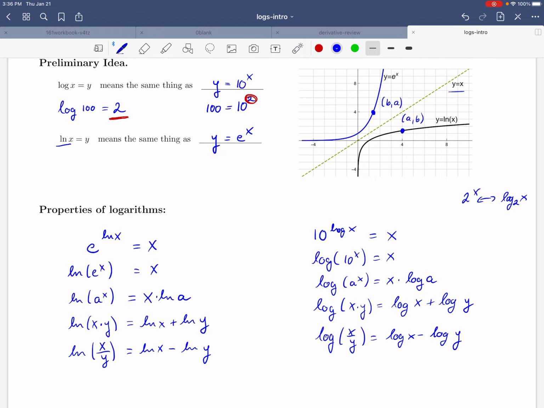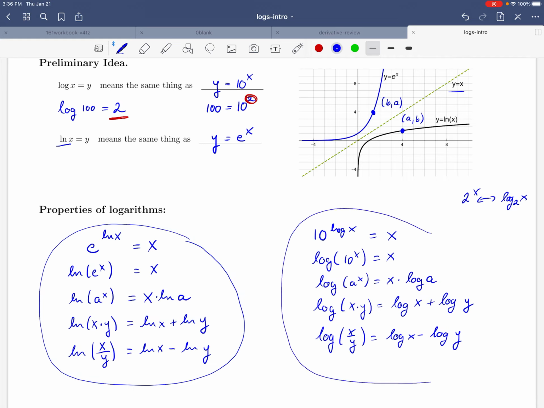But in this class, we mostly will be working with the natural log, so the one corresponding to the exponential function e to the x. And you may see the log base 10 in some of your other classes, but we will not be working much with it for the rest of calculus. So it's really the exponential function e to the x and the natural log that we will become most familiar with.